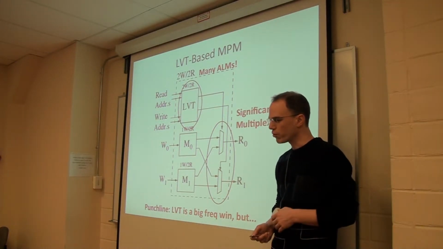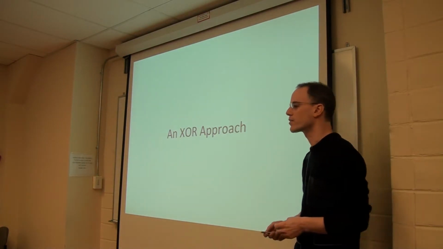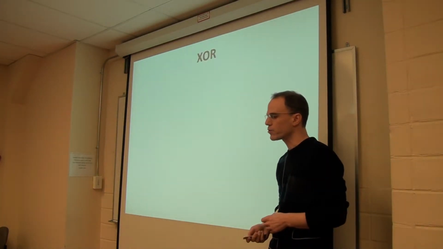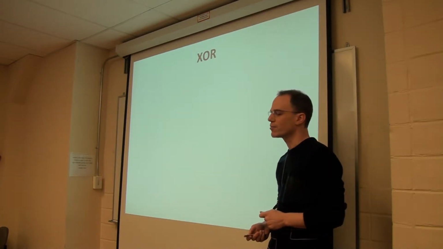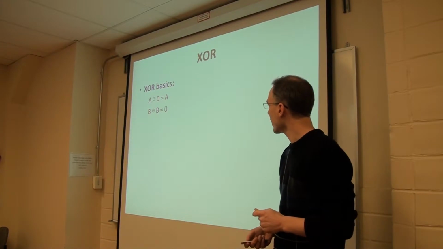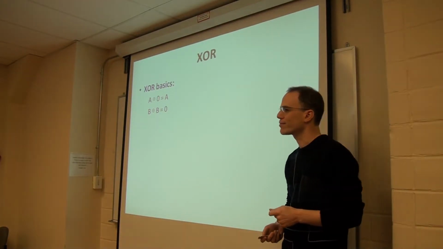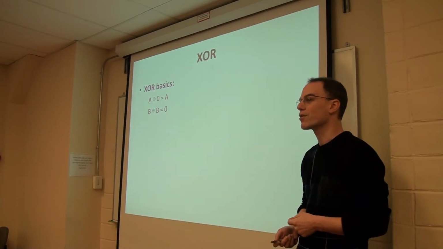So this motivated us to try thinking of other possible designs, and we tried this XOR design. So a little bit of background about XOR, for anyone who forgets. If you have A XOR 0, that gives you A back. If you have B XOR B, you get 0.